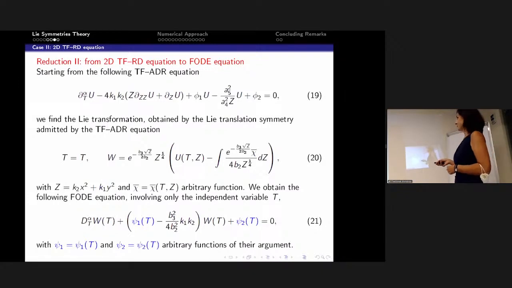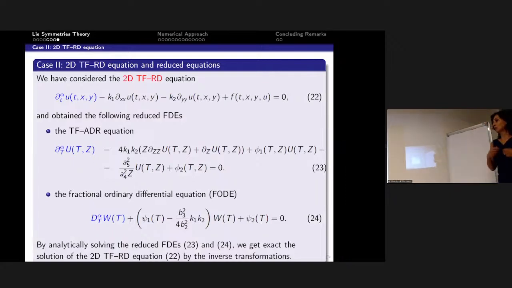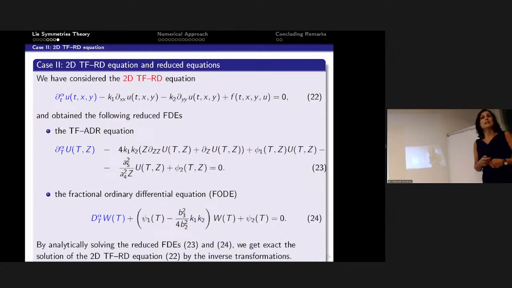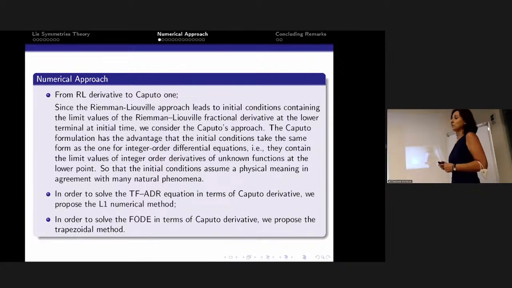But if we are not able to find analytically the exact solution of the new reduced equation, we propose a numerical approach for solving them numerically. For this reason, at first, we introduce the Caputo formulation.